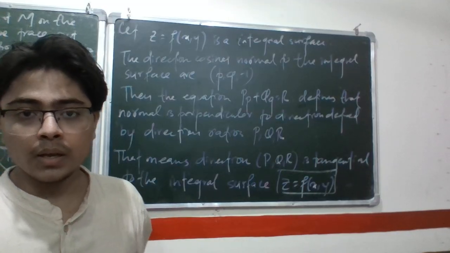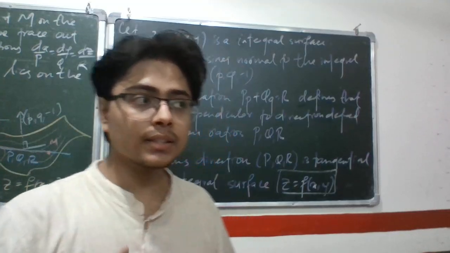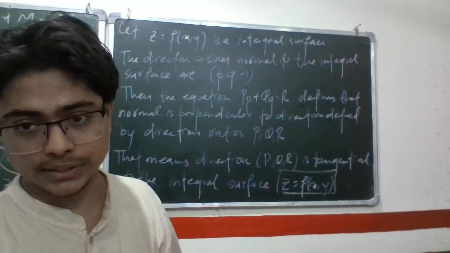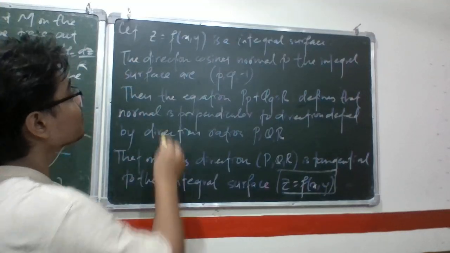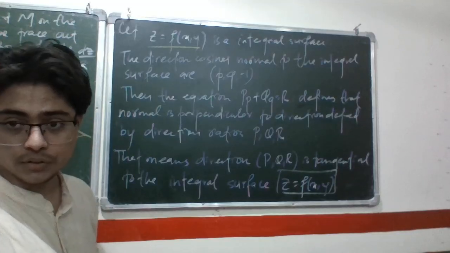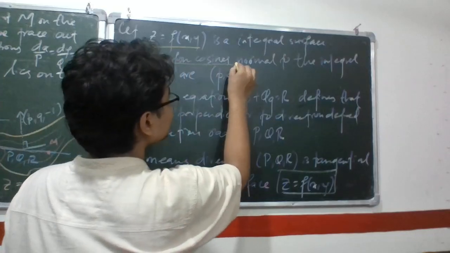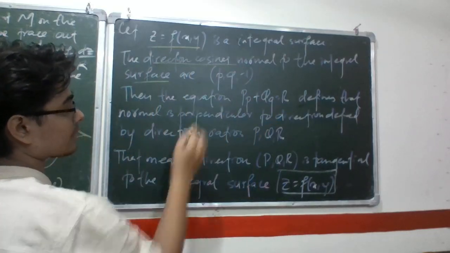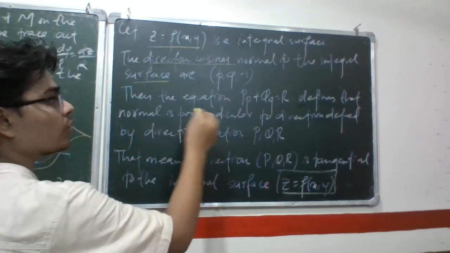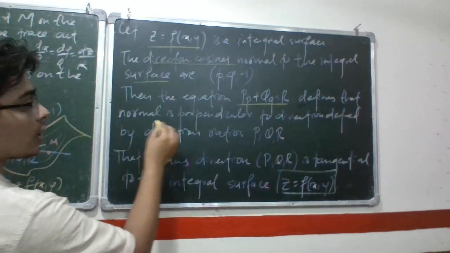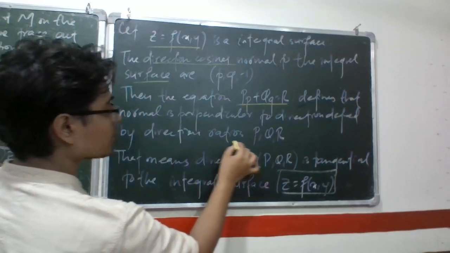The proof describes the geometrical surface and how it can be visualized geometrically. The proof says that if we consider z equals f of x, y as an integral surface, and we consider that the direction ratios perpendicular to the integral surface are p, q, minus 1, then this equation defines that the normal is perpendicular to the direction defined by the direction ratios.